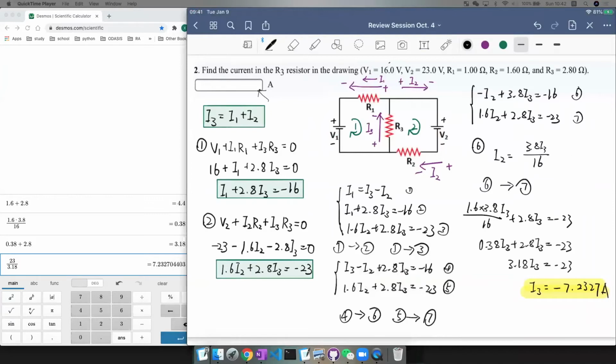Wait, can you explain again what you did with 6 and 7? Oh, what I did here, I have I2 at one side. I derived this term from this equation. Oh, you defined I2, and then you just plugged that into 7, and then you solved for I3. Wait, did I? Oh, wait, this is wrong. Oh my god. Okay, this is not the right answer.